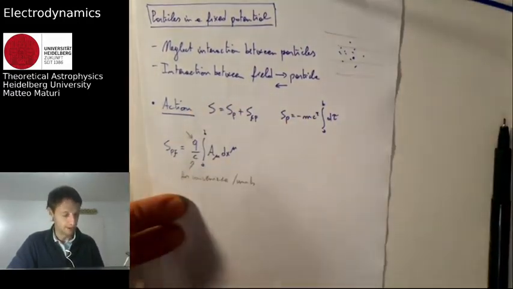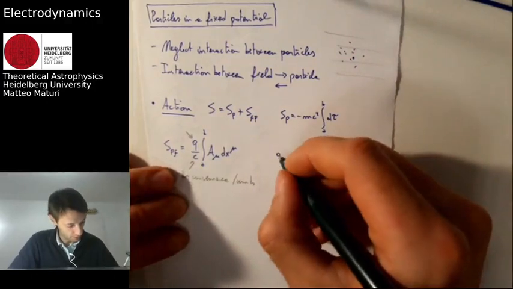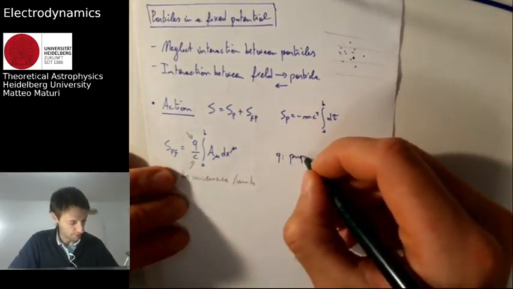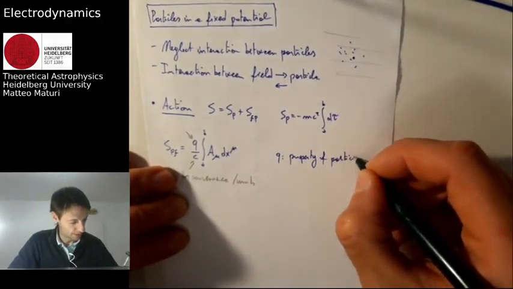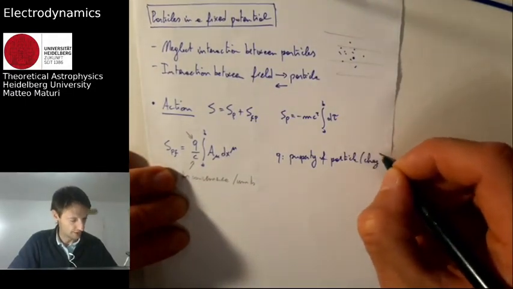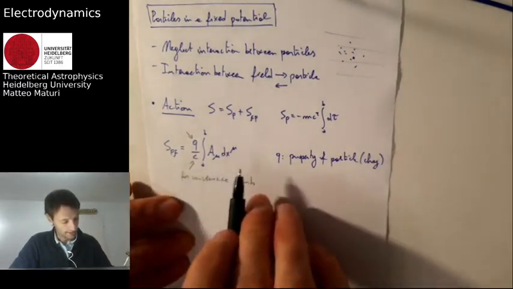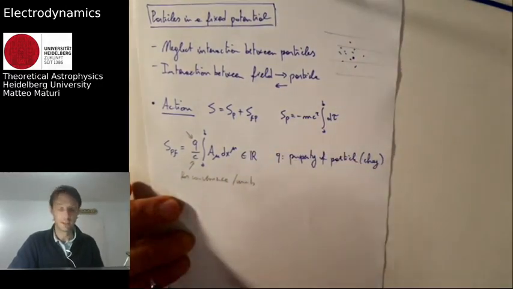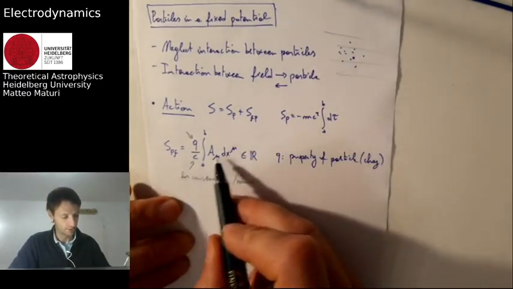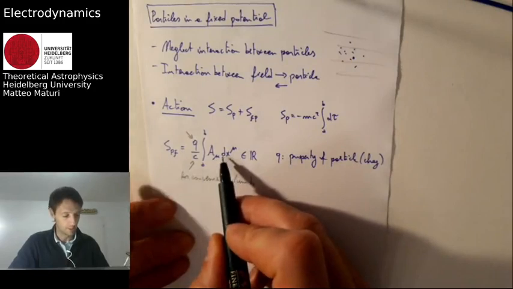This is the only property of the particle, so Q is the property of the particle, the charge, that is relevant for the interaction with the electromagnetic field. And what we want for this action is to be a real number, which it is, because you see we have a scalar product here, because you have the mu indices repeated up and down. This is the scalar product, which is a real number.